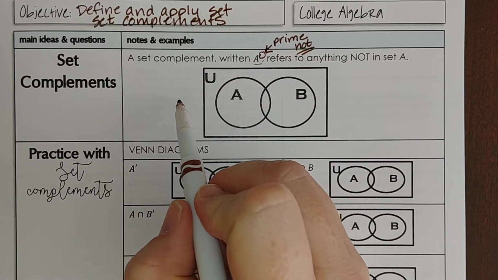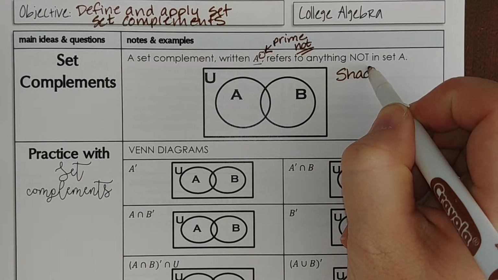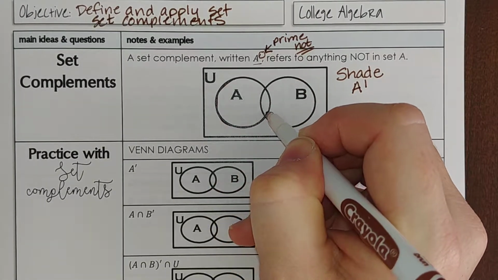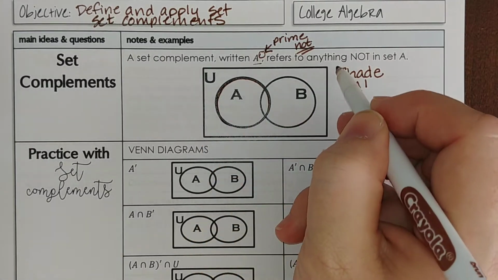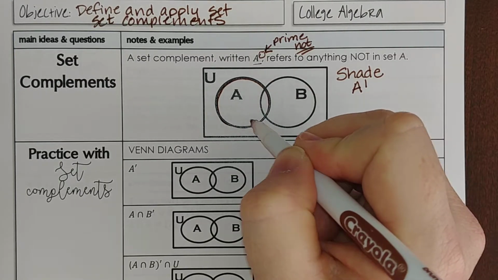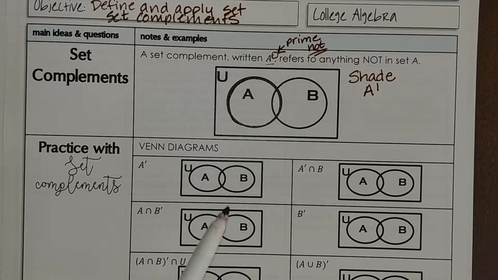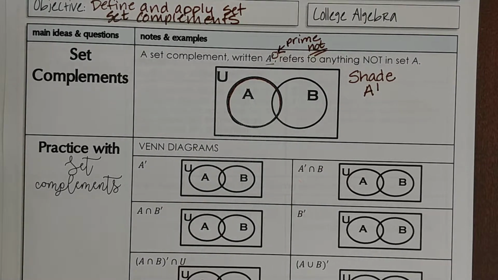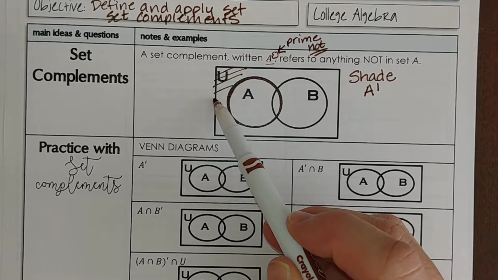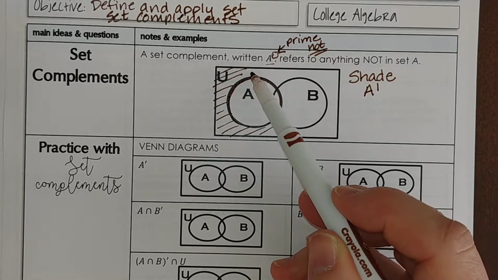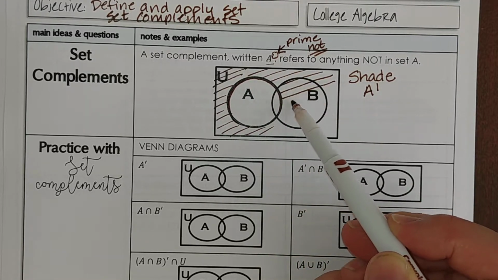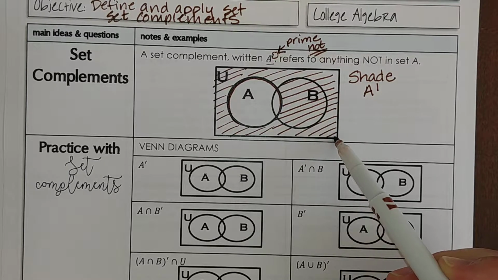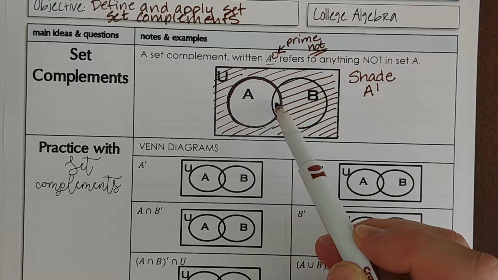All right, so let's shade A prime. Here is A. The universal set is defined by the box, and it intersects with another set B. I want everything that is in A prime, so everything that is not in A. So I'm going to need to shade not only the U, but also the B, and everything not in A. You can see that I am deliberately avoiding the intersection between A and B, because these elements are also in A, so that would not be part of A prime.